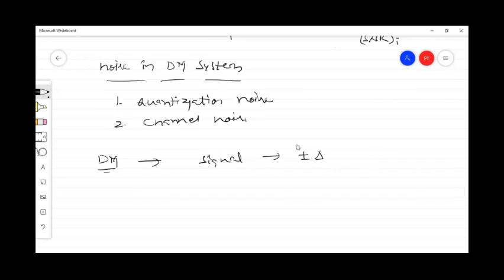Okay, isn't it? Then the maximum difference, that is the maximum error called quantization error, is changing from minus delta to plus delta. Okay.